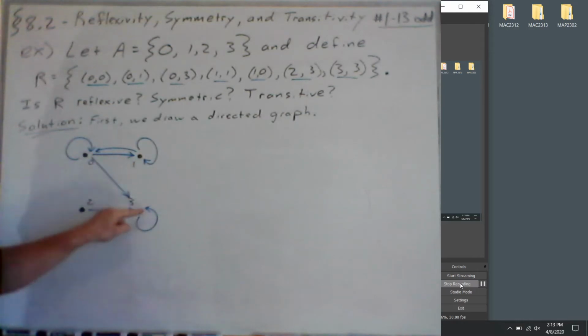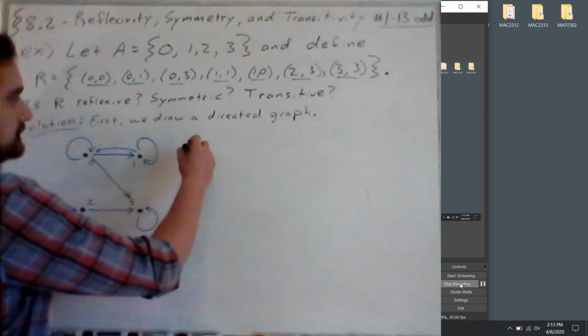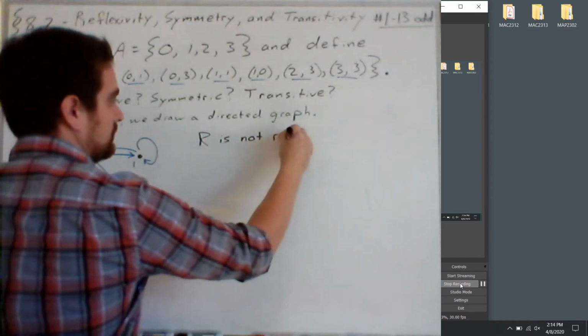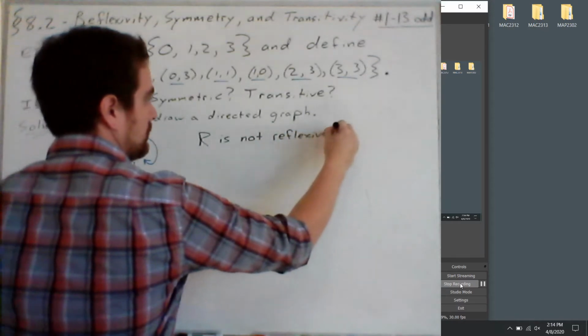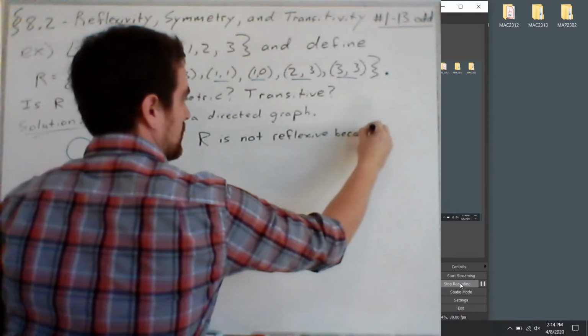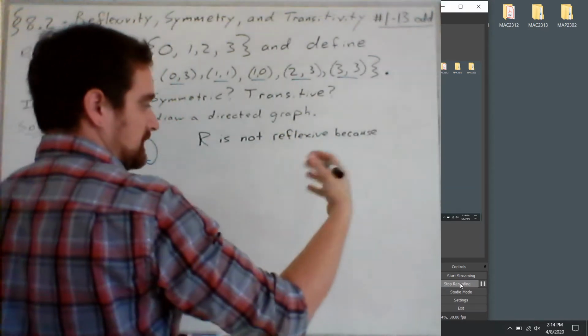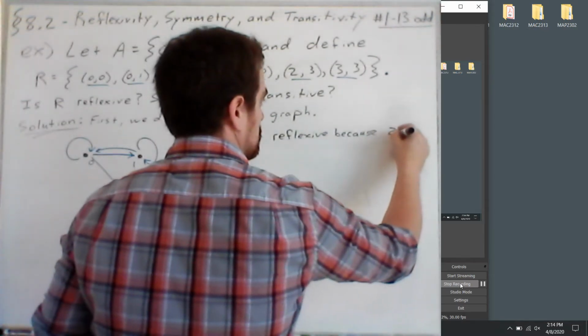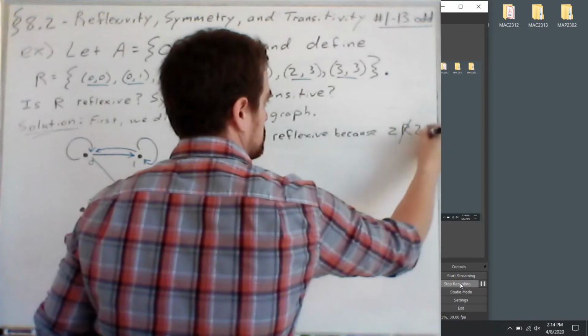Well, unfortunately for the element 2, it does not relate to itself. So R is not reflexive, namely because, and we really only need to give an example as to why, 2 is not related to 2.